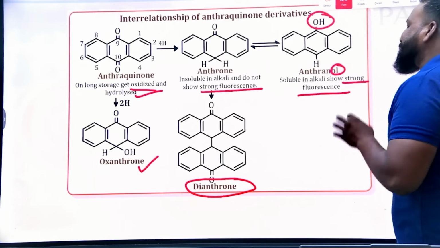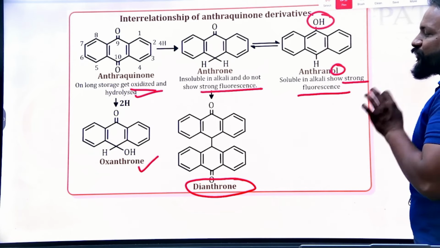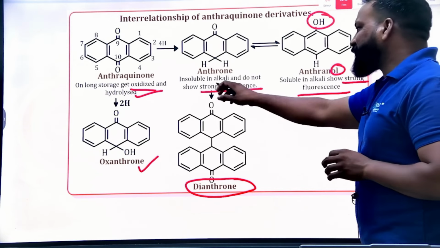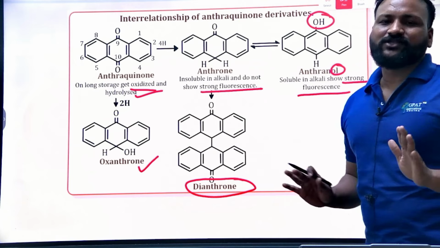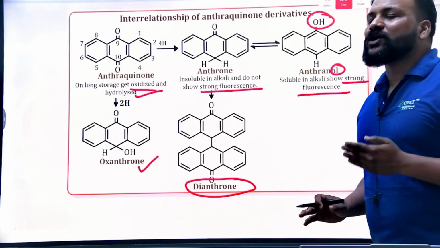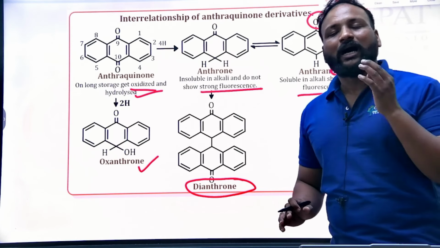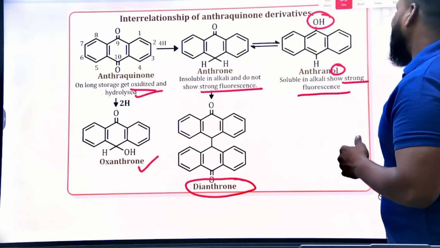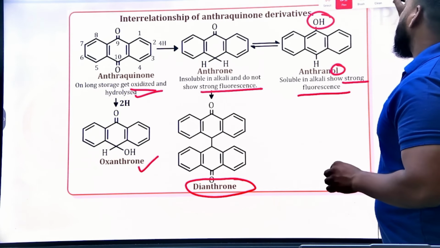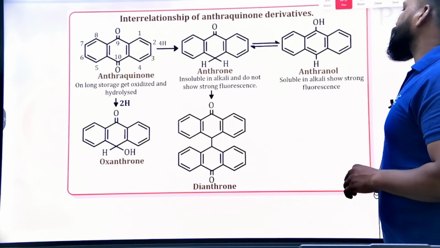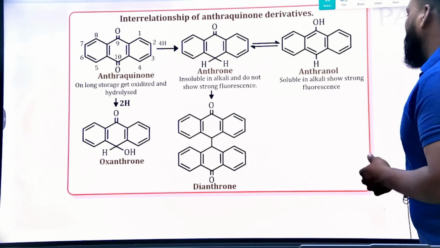That's the reason it is soluble in alkali and shows a strong fluorescence. In order to show strong fluorescence, it should be solubilized in alkali. So that's the right answer: anthranol shows a strong fluorescence.